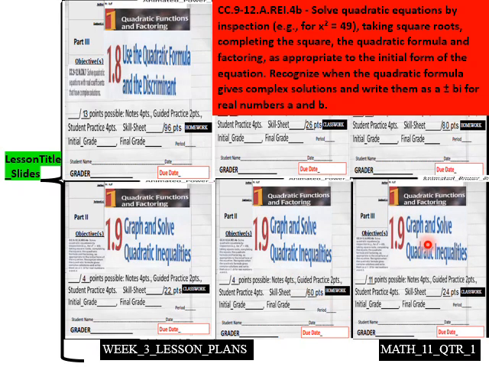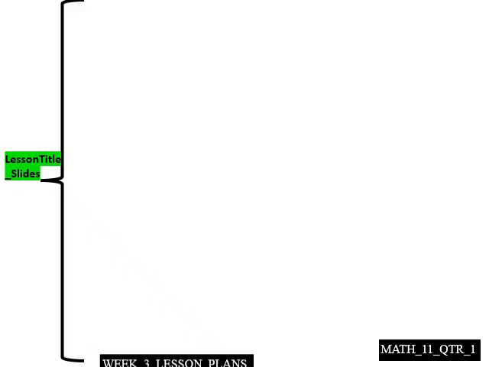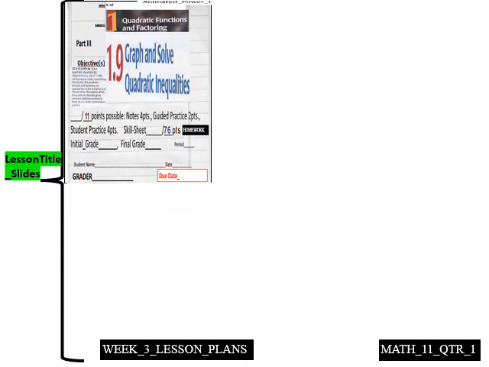And 1.9 part 3 has 24 points for classwork, graph and solve quadratic inequalities, with 11 points of note taking, and we're not done yet. This is week 3, 1.9 graph and solve, part 3. Quadratic inequalities homework is 76 points.